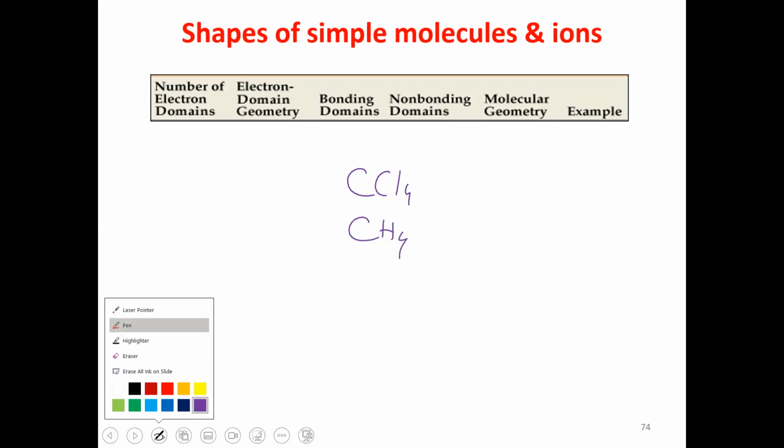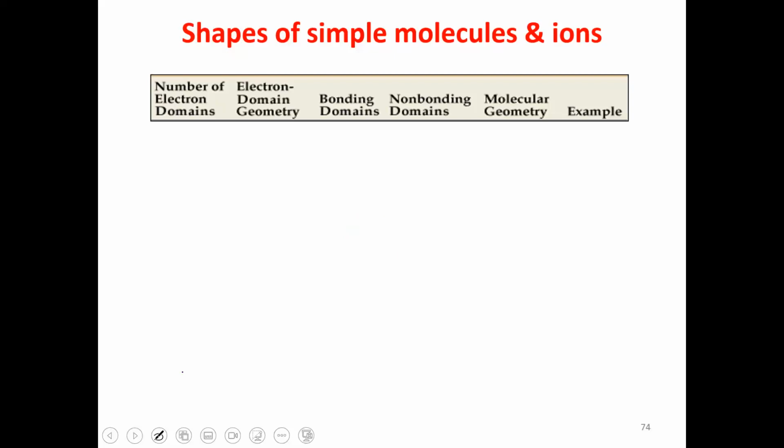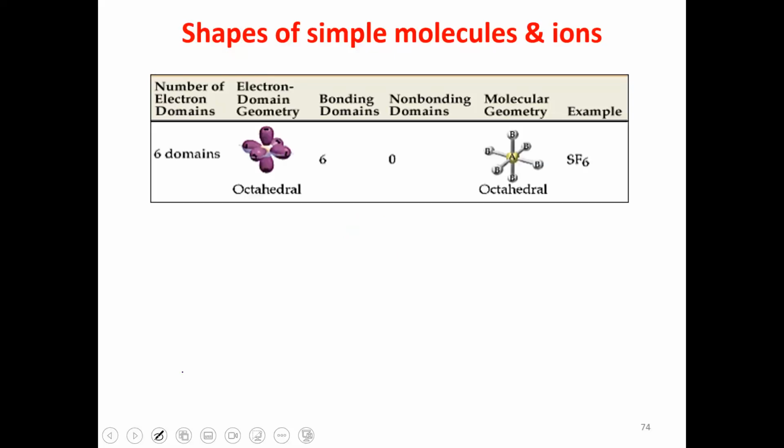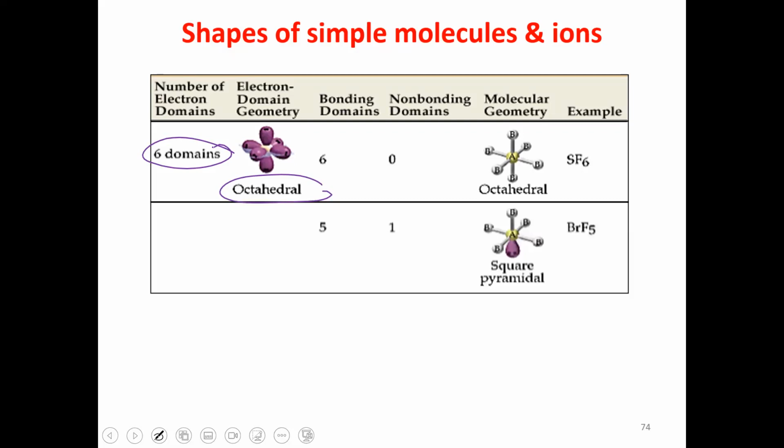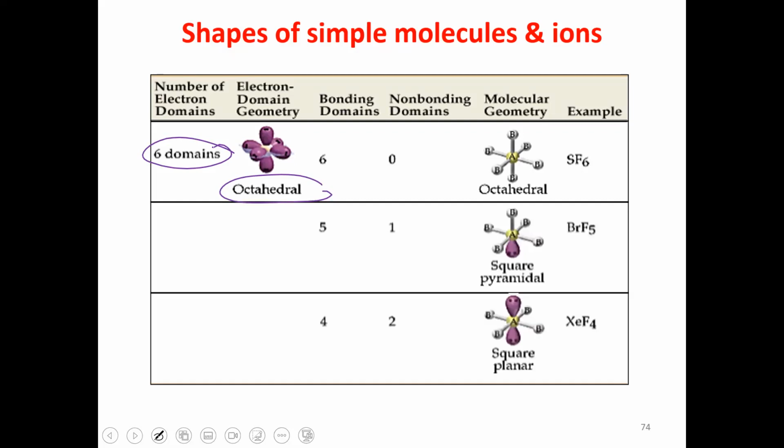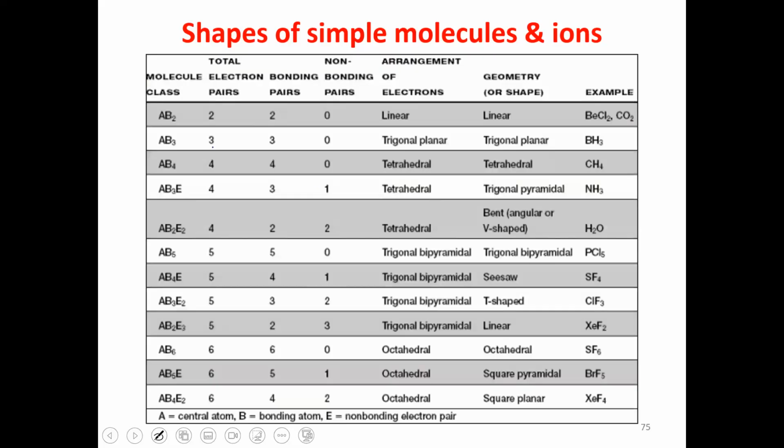The only problem is the contribution of lone pairs. Look at this, six domains, octahedral. Octa means eight, but the electron pairs are six. So there are two shapes derived from it, square planar and square pyramidal.